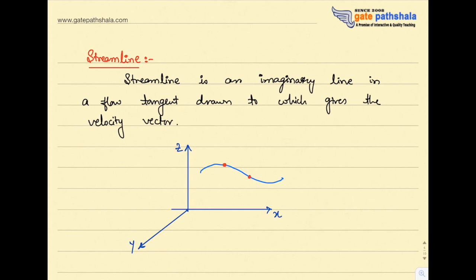So if I draw tangents at these points, I must be getting the velocity vectors. Hope you understand that these velocity vectors need not be constant in magnitude as well as in direction.